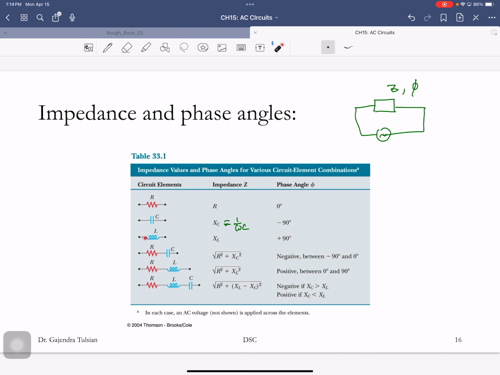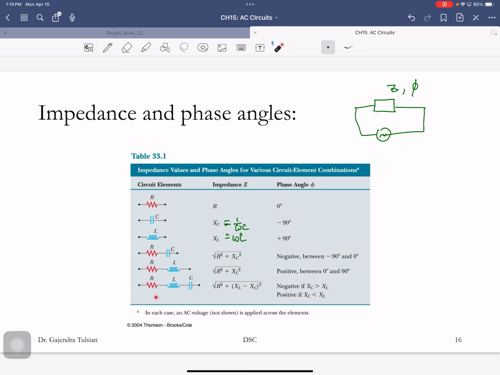When the load is a pure inductor, Z is equal to XL, which is equal to omega L. And phi is plus 90, plus pi by 2. If this load was a combination of a resistor and a capacitor, Z would be equal to that, and phi would be between minus pi by 2 and 0 degrees. If it was a pure resistor and an inductor, this would be Z, and phi would be between 0 and pi by 2.